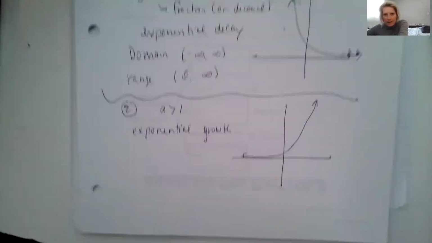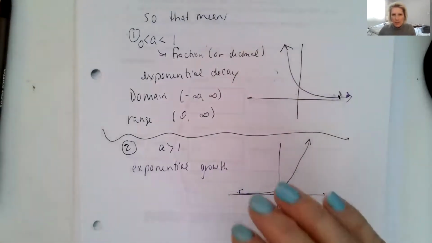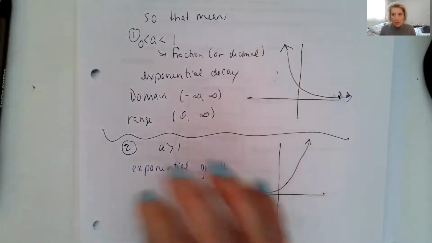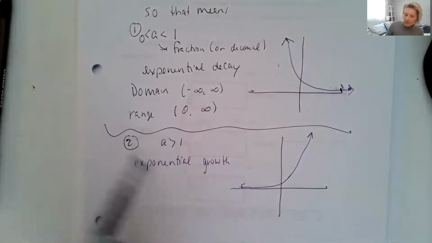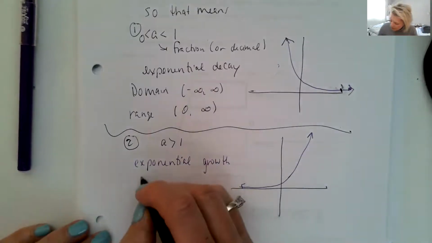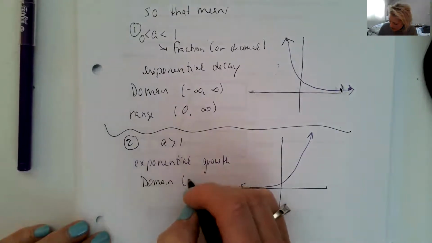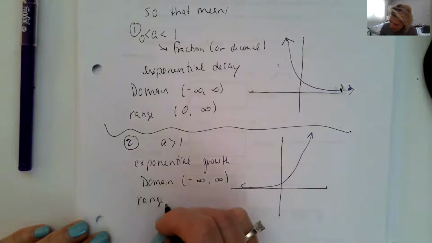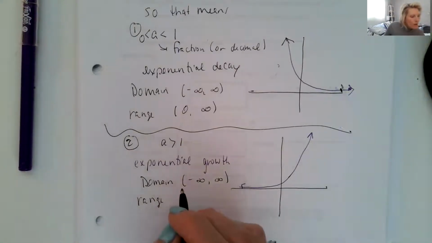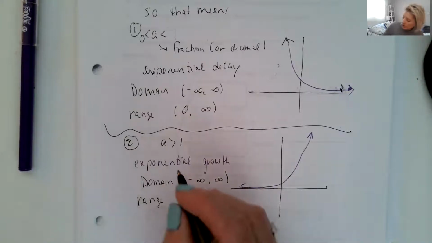The reason these functions decline and grow the way they do is because we're using repeated multiplication. When you multiply the same number over and over and over, the number gets so big so quickly. It's not like adding the same number, which would be a linear equation. This exponential growth too has a domain of all real numbers. We can put anything in, but in this case the range is also going to be 0 to infinity.